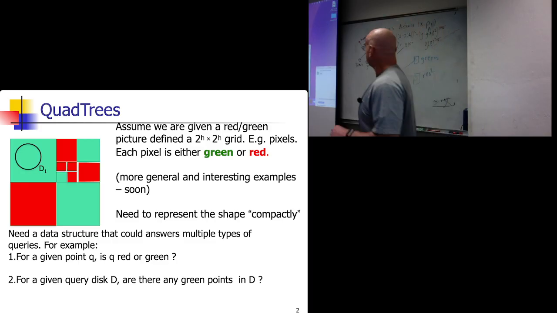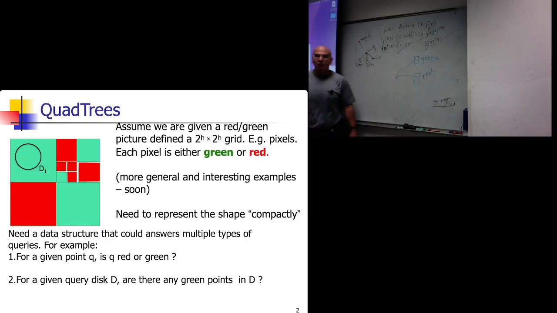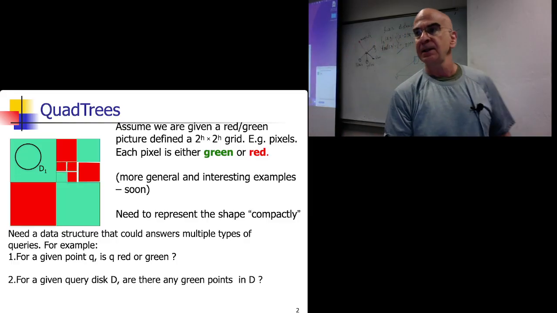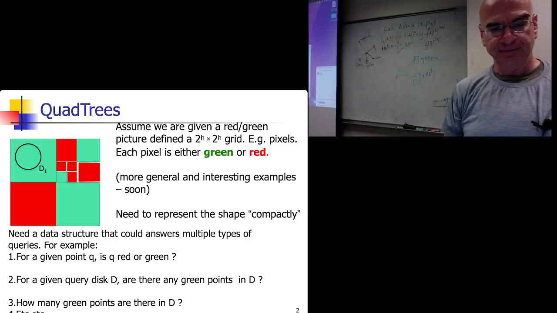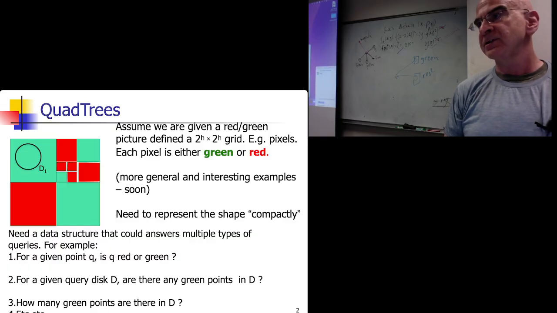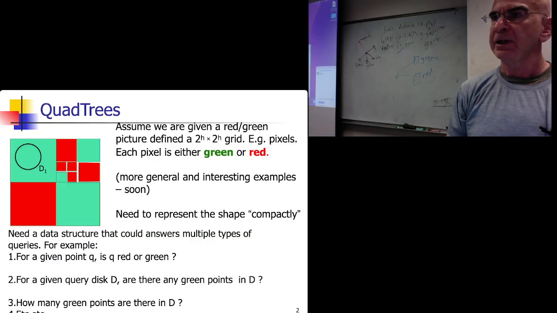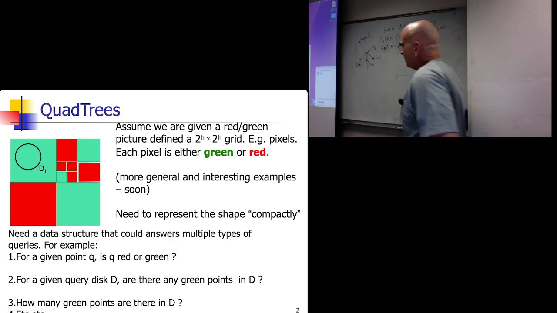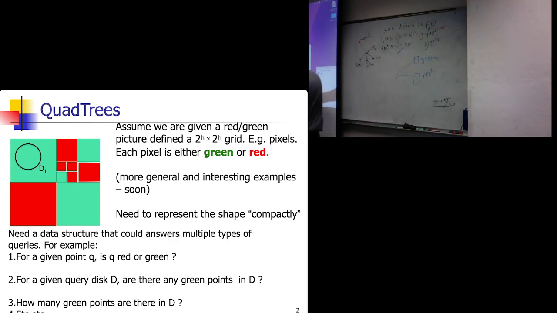Or more interestingly, given a query region like a disk, is this disk fully green, or is this disk fully red, or does it have both? Or how much green there is in this query disk? How many green pixels, how many red pixels there are? And there will be plenty of other types of queries.